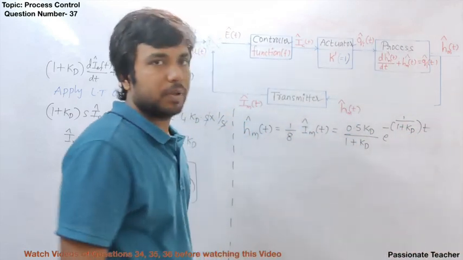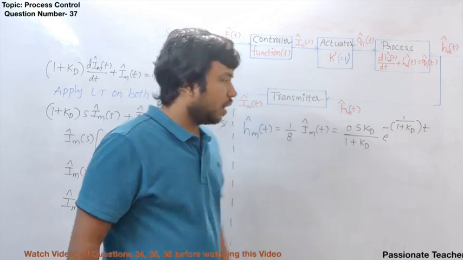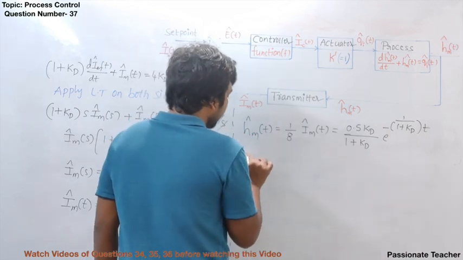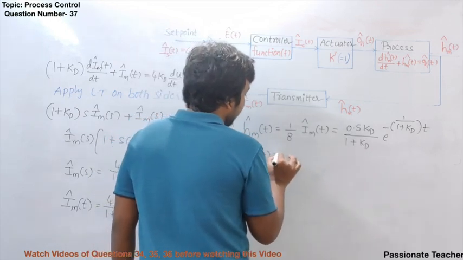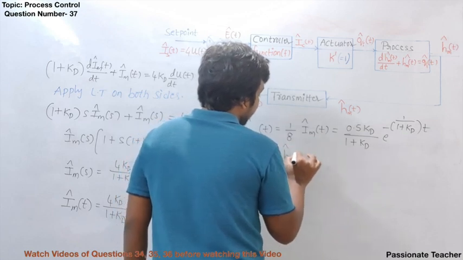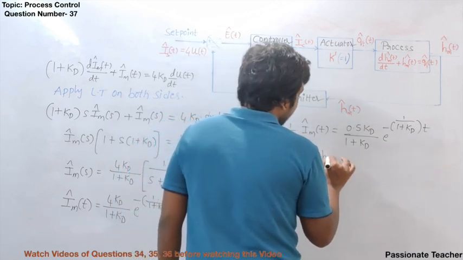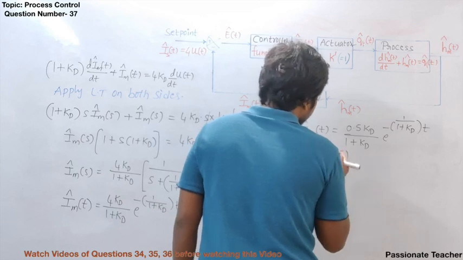This is Hm cap of t, but it is not the Hm of t. How to get Hm of t? We know Hm of t can be written as Hm cap of t plus Hm0, the initial water level.